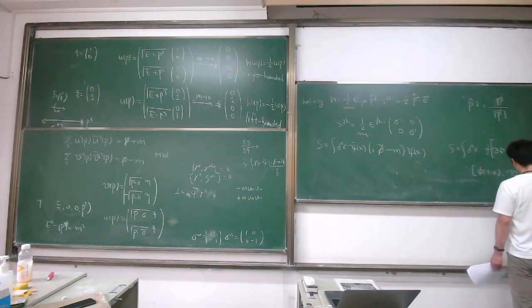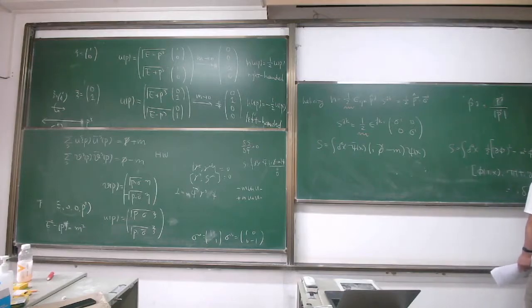So we impose this canonical commutation relation and then do the Fourier transformation for the phi field, and the modes are treated as operators.